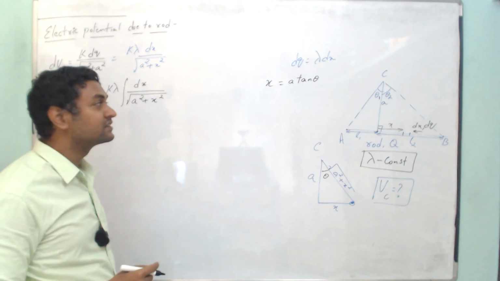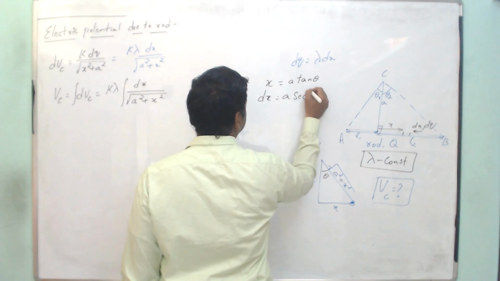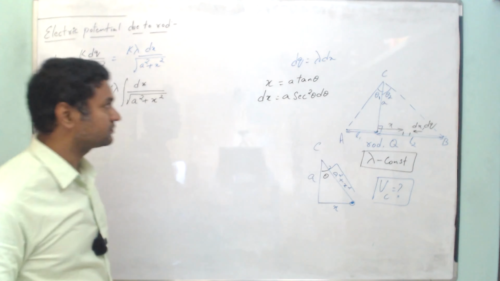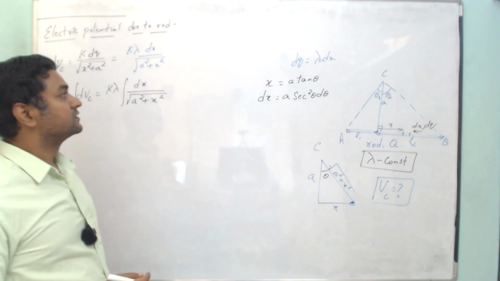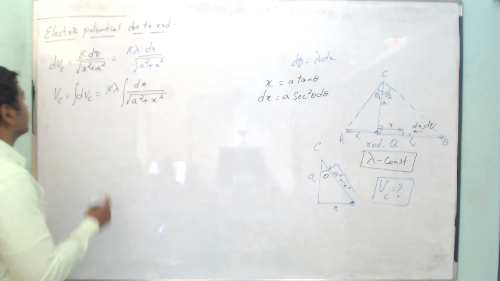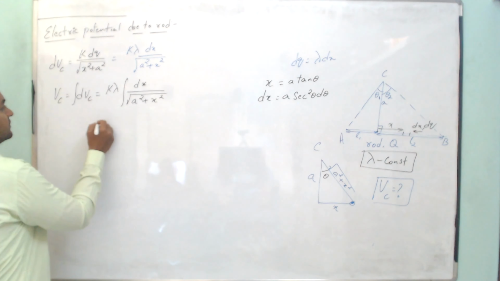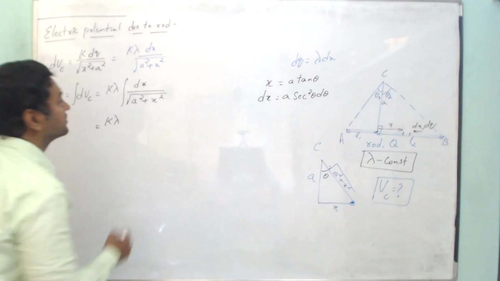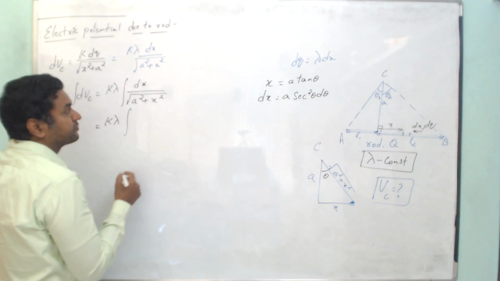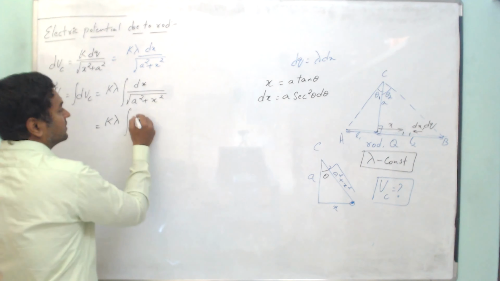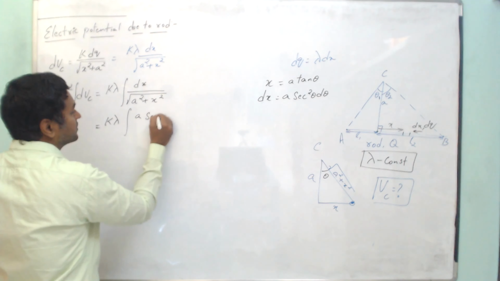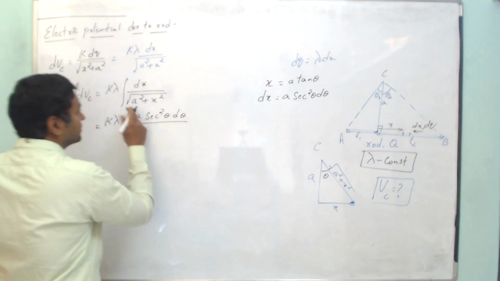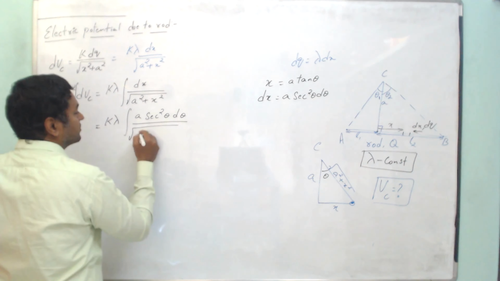Therefore, my dx is equal to a secant square theta d theta. So what will I get? K lambda integral of a secant square theta d theta upon square root of a square secant square theta, that is a secant theta.